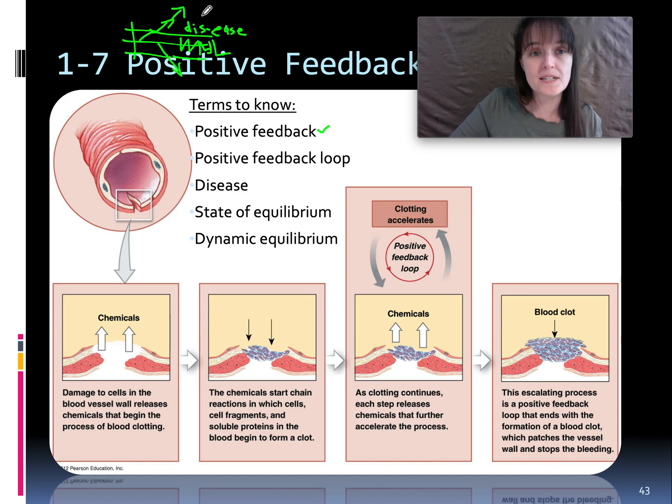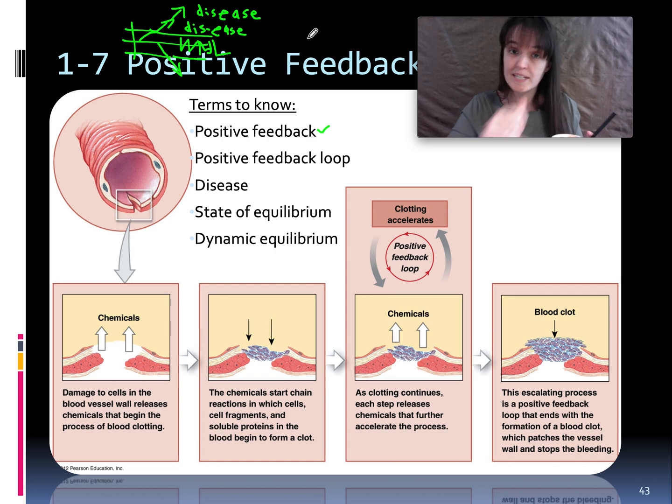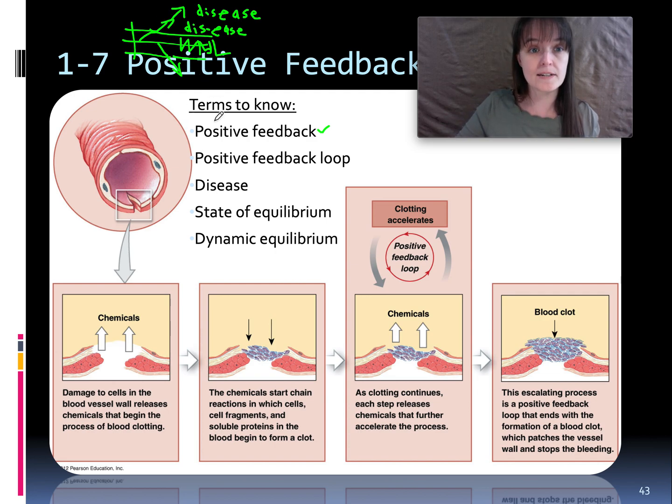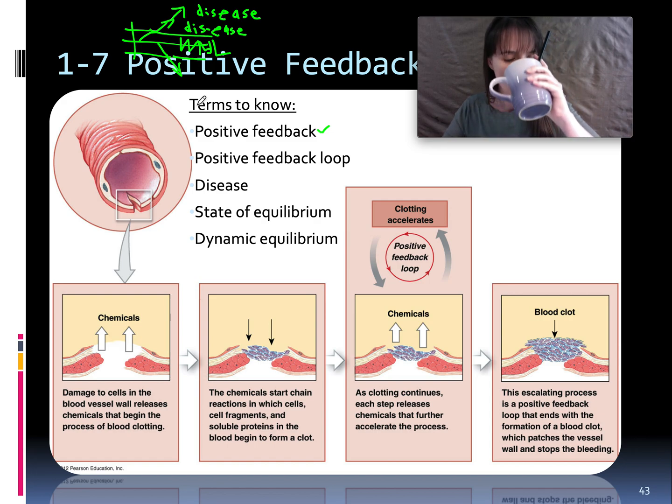And if it continues, then you're straight into disease, some sort of disease state. So there's WNL, and it's the same in the other direction, dis-ease and then disease.